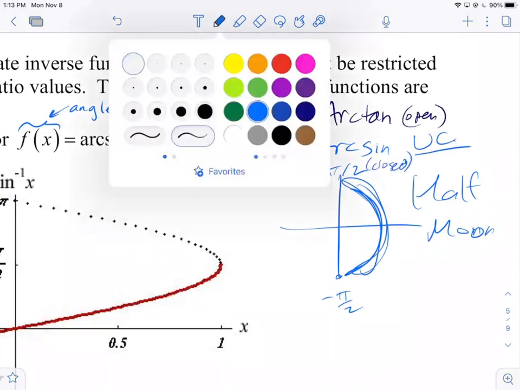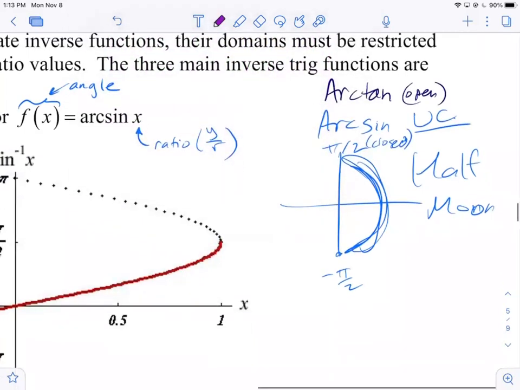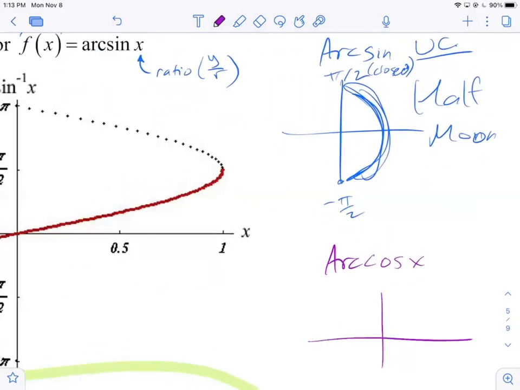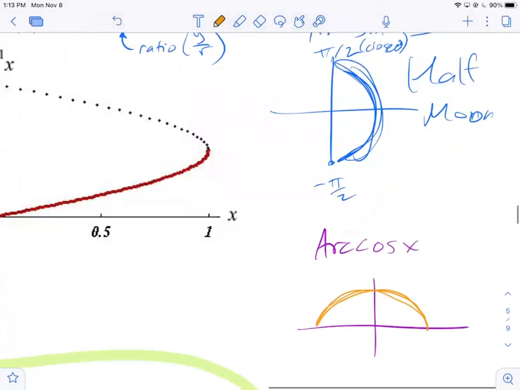And then arc cosine might show up. Arc cosine has 2 C's. It's not the half moon, it's the sun on the horizon. So it looks like this. The rising sun. The rising cosun. Whatever. So from 0 to pi. What's nice is all of them have a first quadrant PVR.